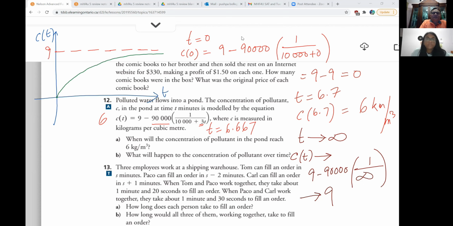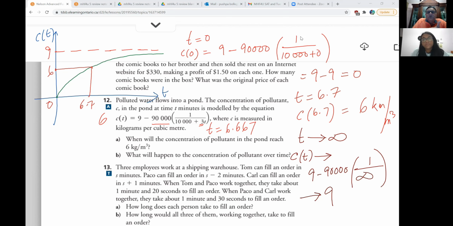You already found one value on this curve, which is 6.7. You got a value of 6. Do you understand how you can explain it? Yeah. So as t goes to 0, the pollution level is almost 0.